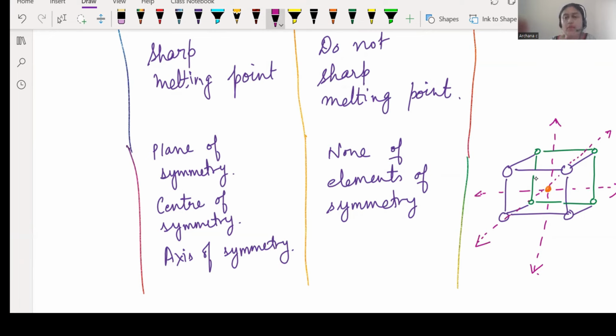So this is what we mean by plane of symmetry, center of symmetry, and axis of symmetry. In depth, we'll study about the various elements of symmetry as we proceed further in this chapter. So this crystal lattice has basically three axes of symmetry and three planes of symmetry.